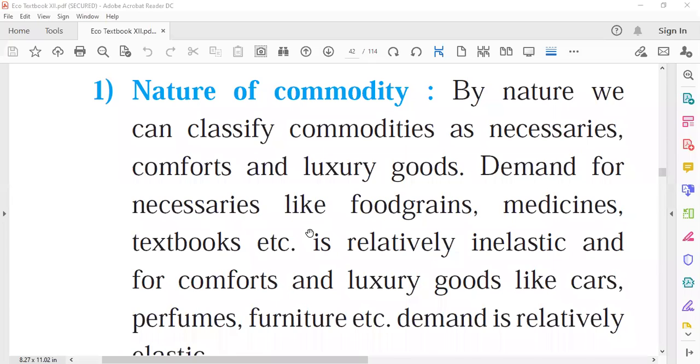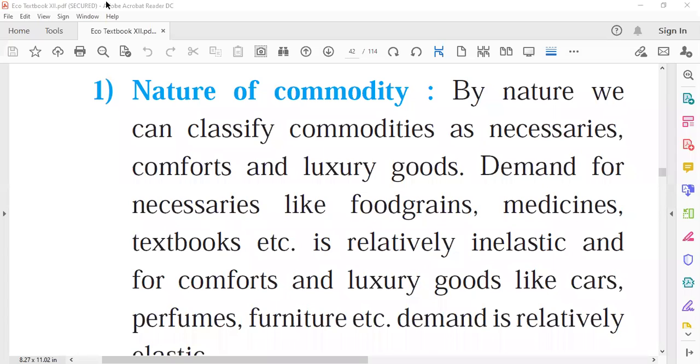Whenever we are not well, in that situation we have to purchase the medicine. Even if the prices of medicine increase, we have to purchase the medicine.